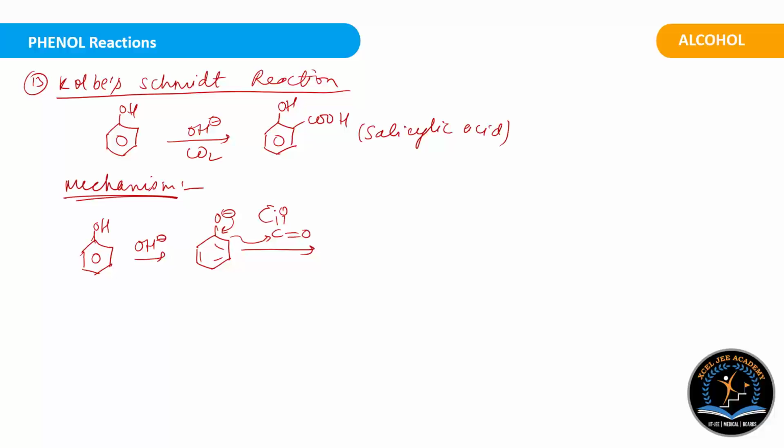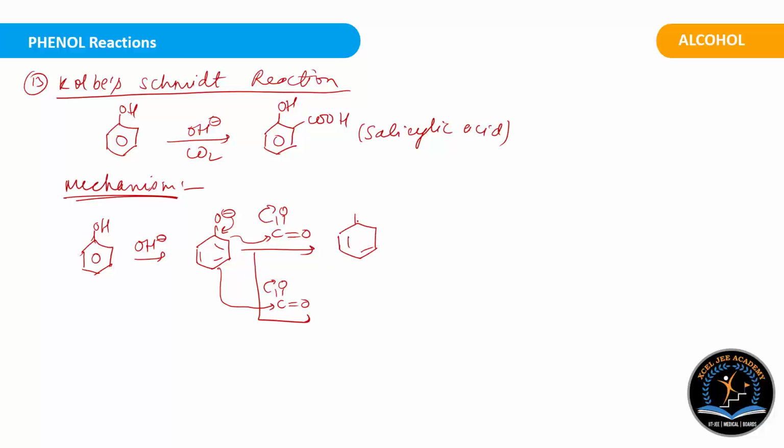This is an ortho attack. It can also be a para attack, so ortho or para, both products can be made. We can do a para attack also, from this position, if this rotates, then from this position also it can attack.